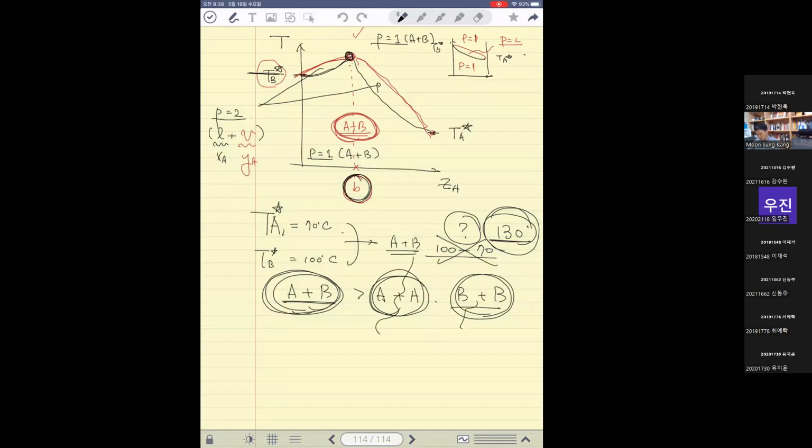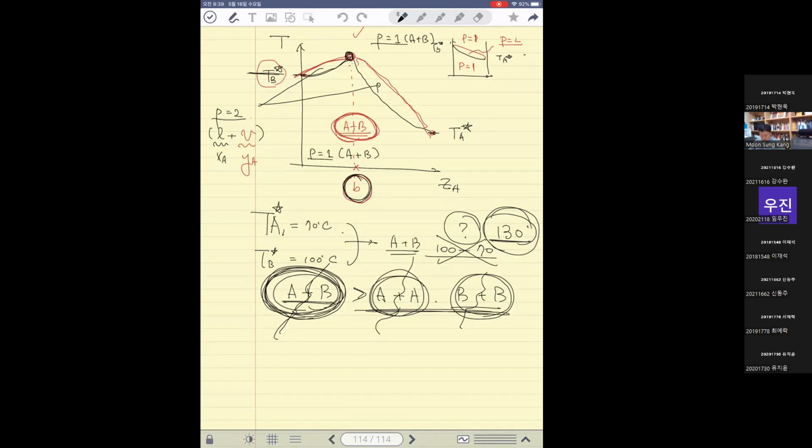The temperature that breaks this interaction is the boiling point of B. But when you mix them and you want to vaporize them, you have to break this interaction so that the liquid becomes vapor. And if the interaction in the mixture is even higher than in their pure state, the boiling point is going to be higher. So in this case, you can obtain a phase diagram that looks like this.